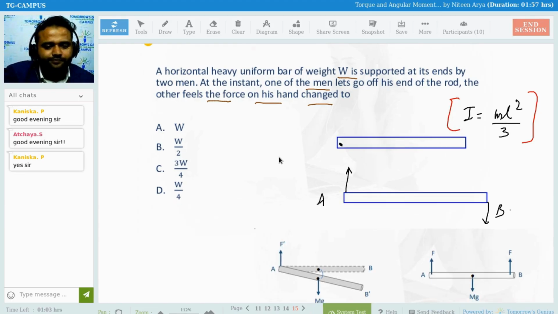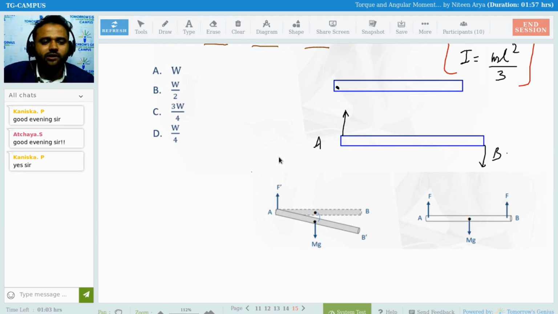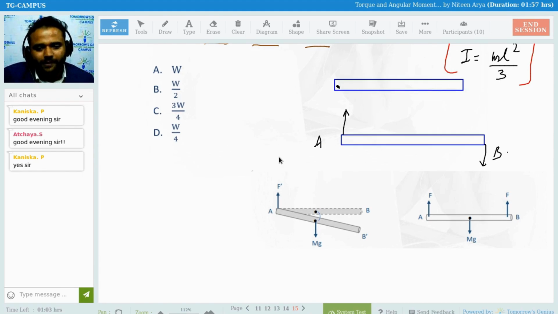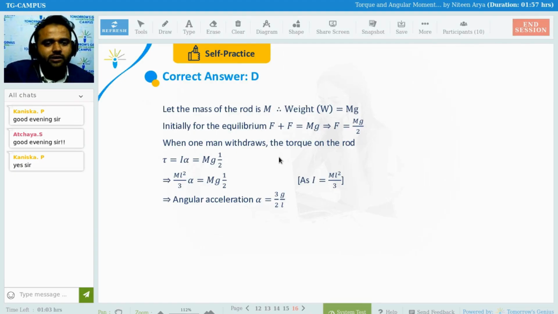So what is happening here? This is the balance point when both of the persons are holding the rod together. But one of the persons withdraws his or her hand, so this force is going to be upward. This force is going to be applied on the hand. But altogether we have this mg component also. So this is going to have an effect, and how, we are going to discuss.